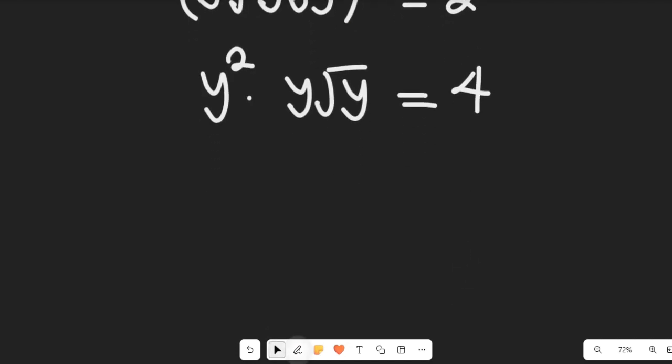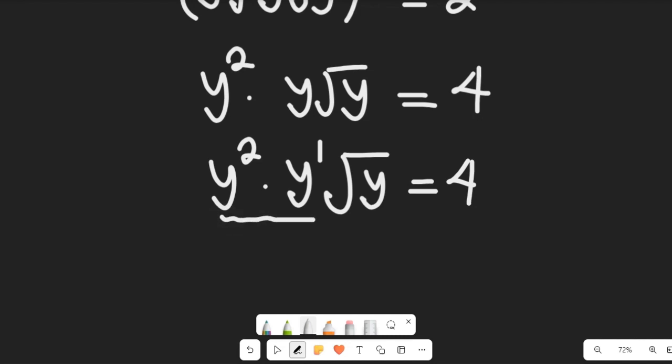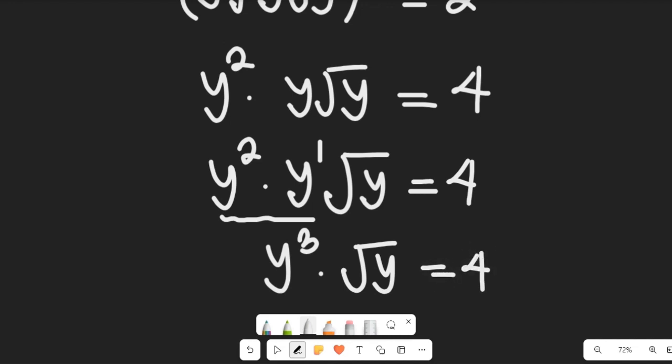So this is equal to y to the power of 2 multiplied by y to the power of 1, multiplied by the square root of y, equal to 4. According to the law of indices, if we have the same base, the powers add. So that will give us y to the power of 3 multiplied by the square root of y, and this will be equal to 4.